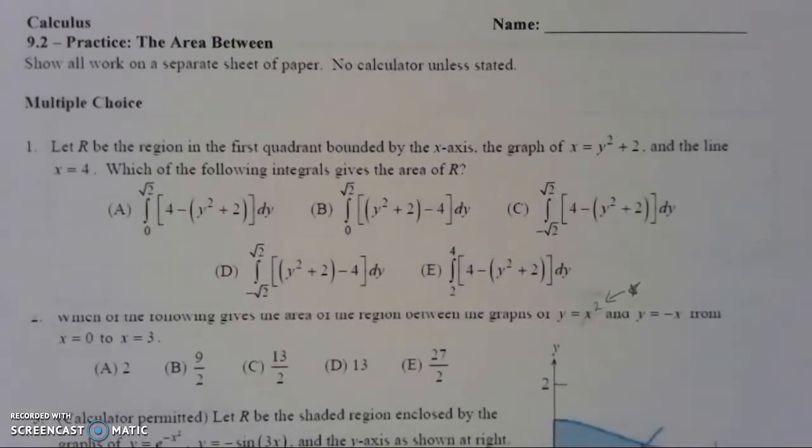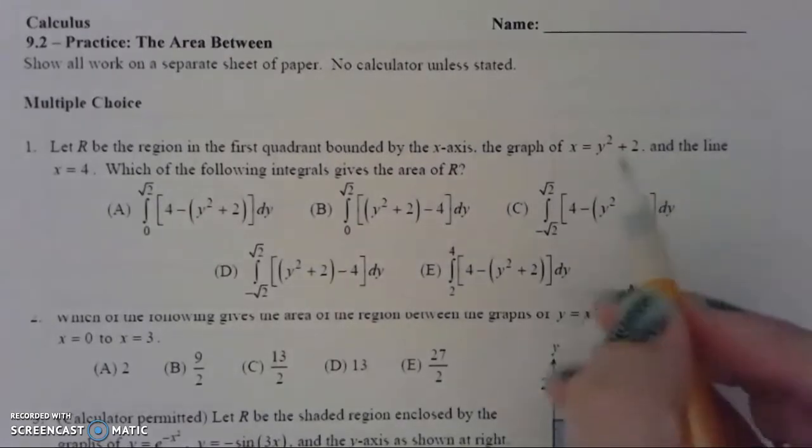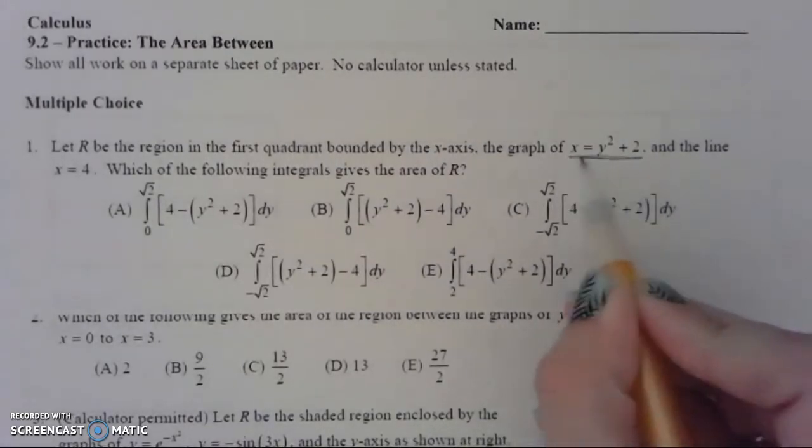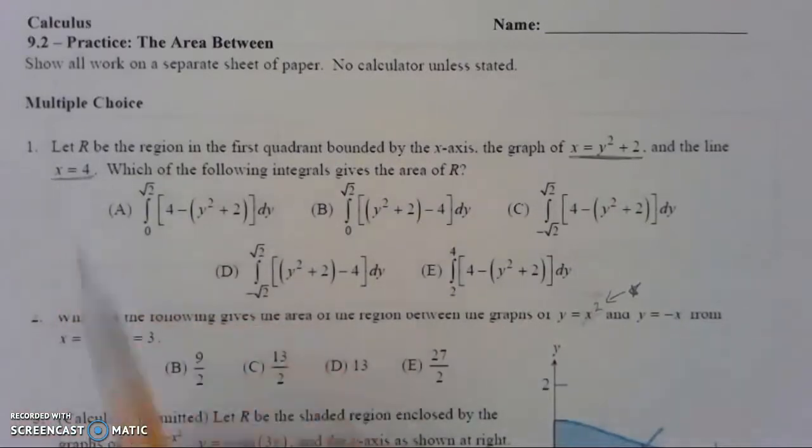So the first thing you need to make sure that you notice on a problem like this is the way that these two functions given are written. Notice they're not given as y equals, they are given as x equals.